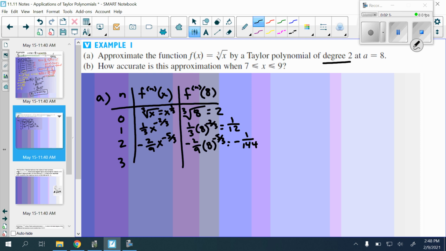I'm going to go one more derivative. We're not going to need this value at 8, but I do want to find it. So if you would apply this one more time and bring down that exponent, we're going to get positive 10/27 x to the, if we minus 3/3 from this, negative 8/3.